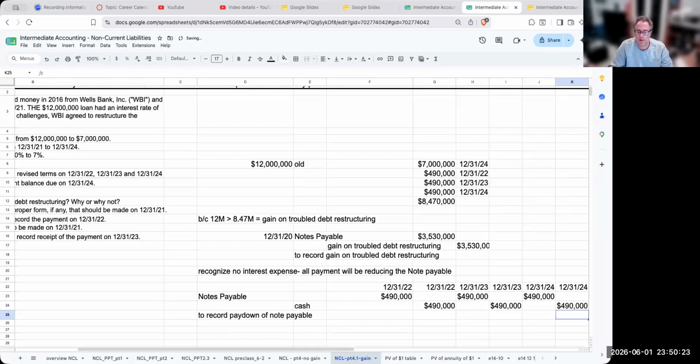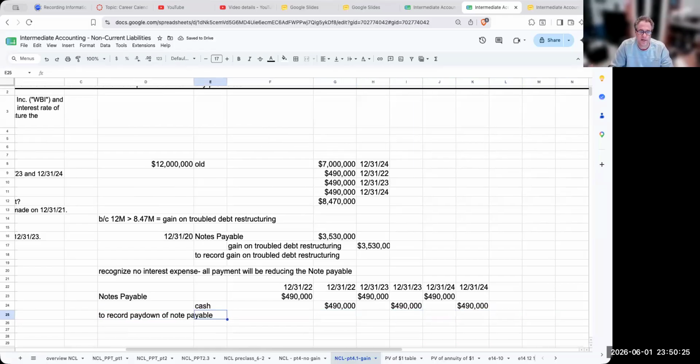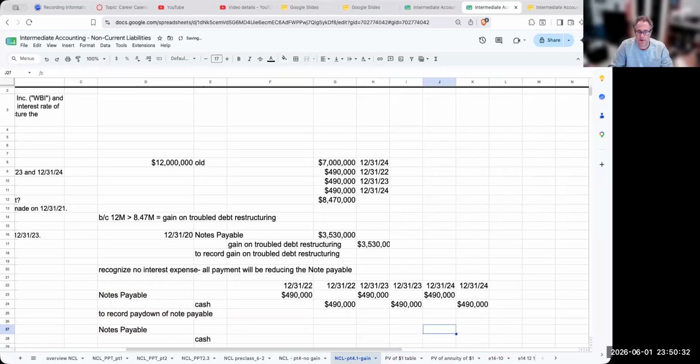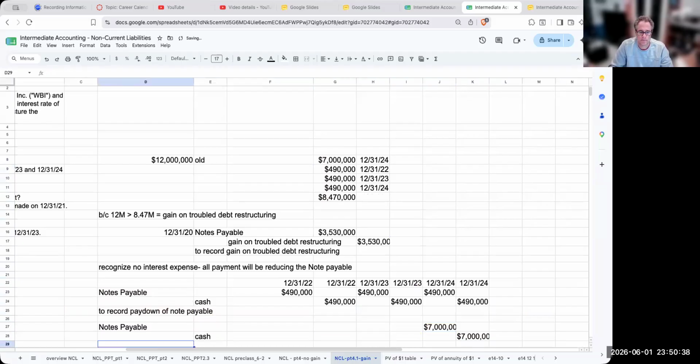And then our last one we can also go through and do, I just always like to highlight this separately, but we're going to have notes payable and cash over here for the balance of the 7 million that is owed.